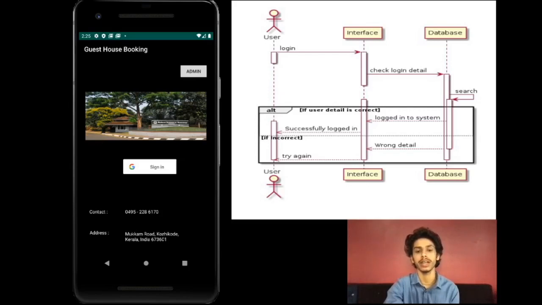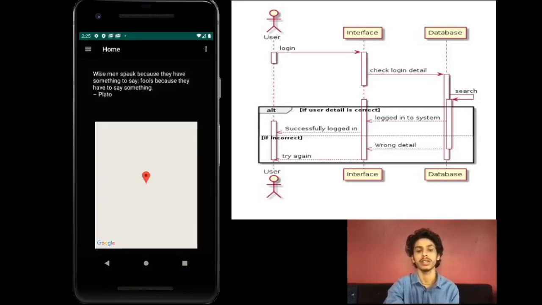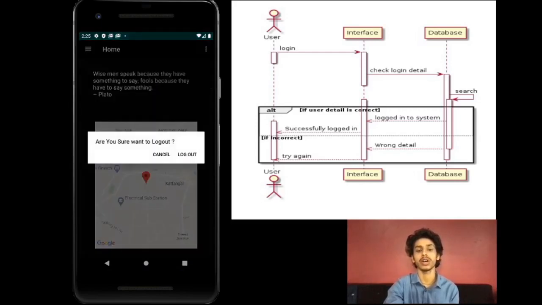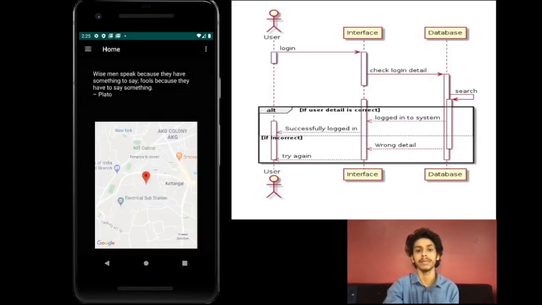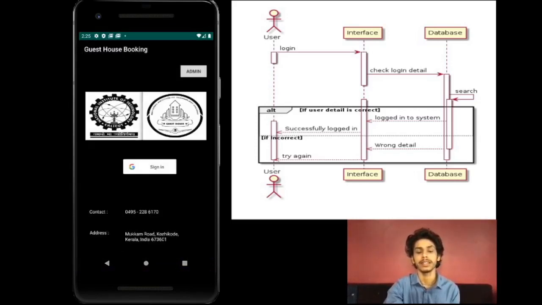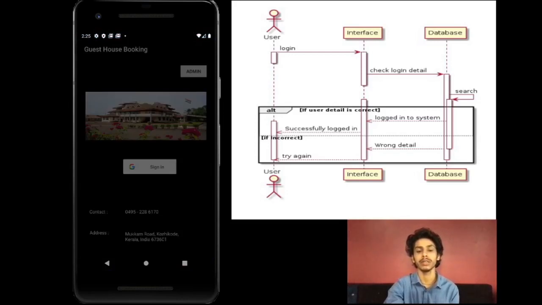When the user clicks on that account, he will be redirected to the NITC guest house booking application, showing a toast message: login successful. Now I will show you the else condition, if the user tries to log in using another mail ID. This time I will choose a mail ID which does not belong to NITC.